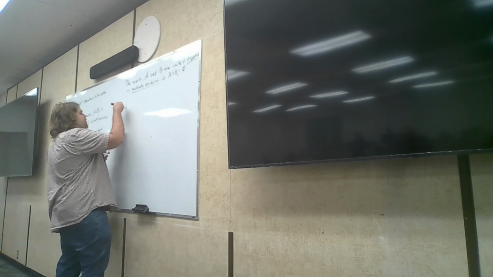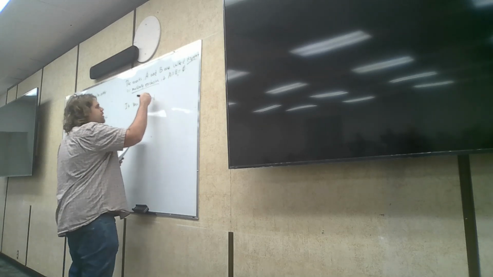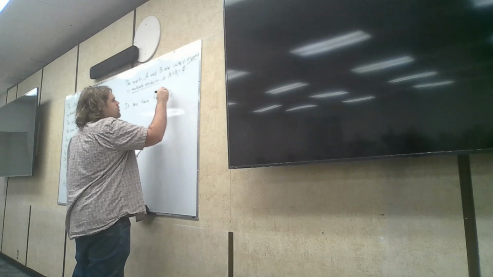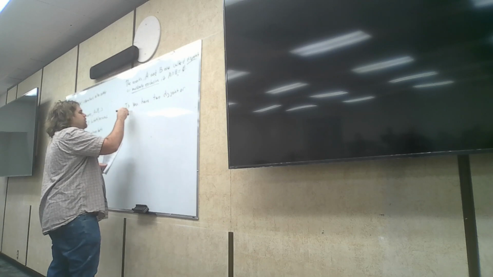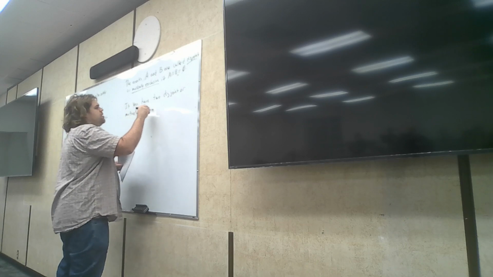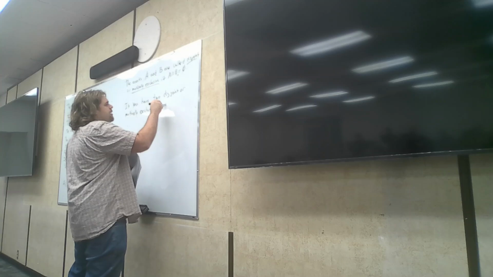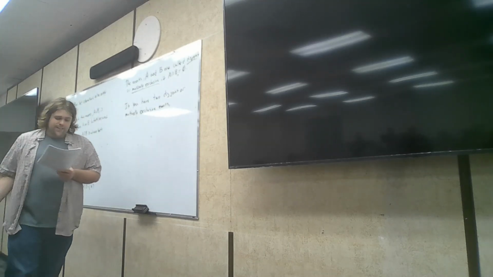So if you have two disjoint or mutually exclusive events, I can't spell today. I didn't have enough coffee. So if you have two disjoint or mutually exclusive events, you can actually compute some probabilities pretty nicely.